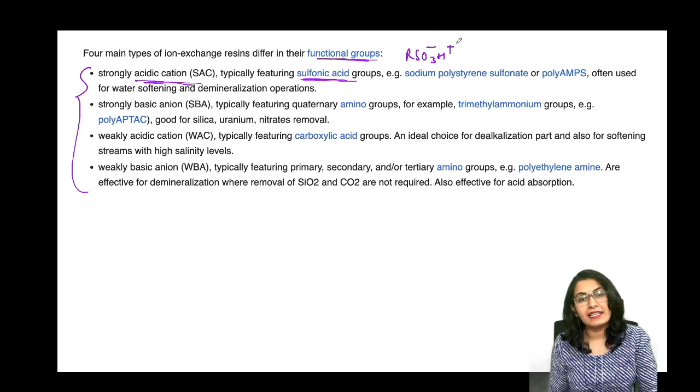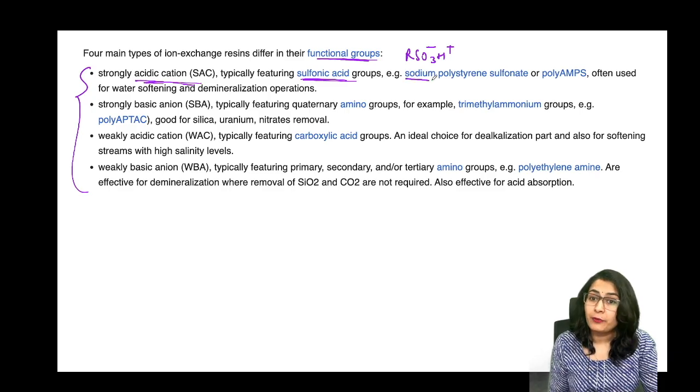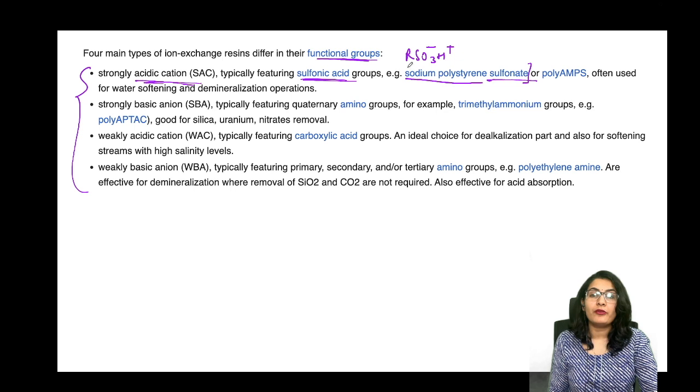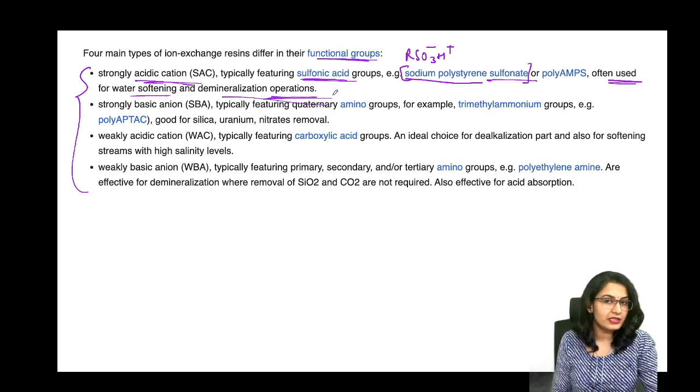These are highly, strongly acidic, also negative. Example is sodium polystyrene sulfonate. This is an example of sulfonated resin and is often used for water softening and demineralization operations. Just now we have seen water softening.